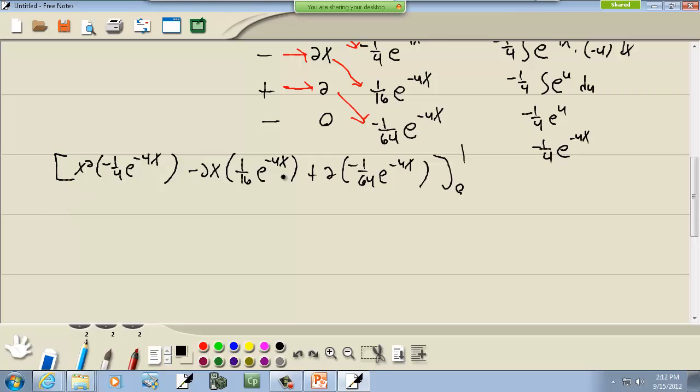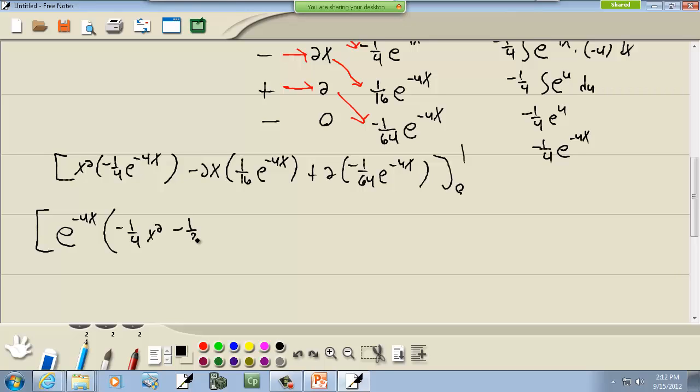Since they all have an e to the negative 4x, it's probably easiest to go ahead and factor that completely out in front. So e to the negative 4x times, and here we're left with negative 1/4 x squared. And here we got negative 2 times 1/16, which gives us negative 2/16 or negative 1/8.